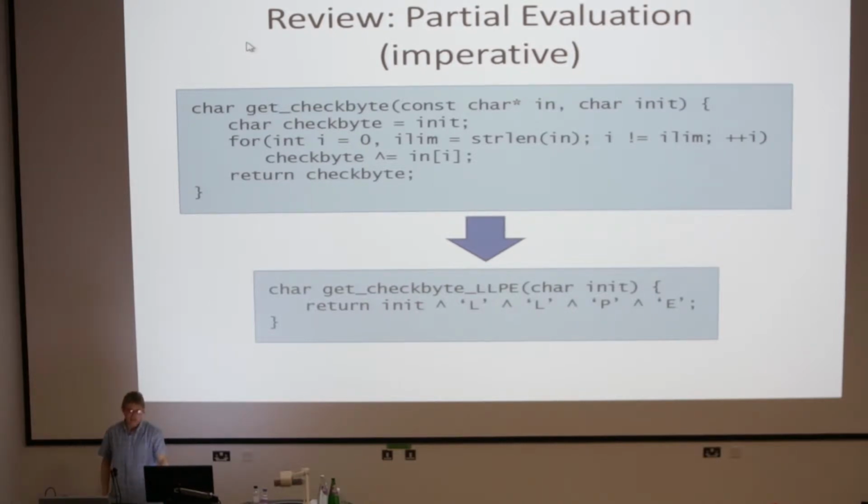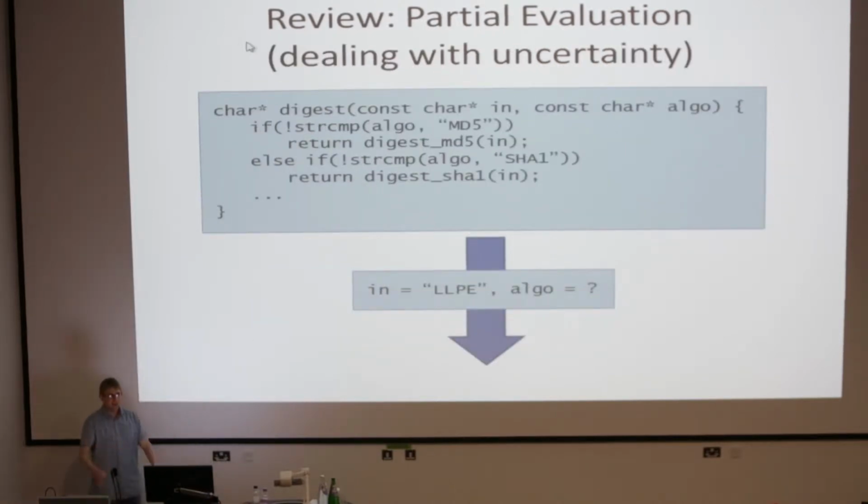Here we don't know what the initial value is that we're folding into the checksum, but we do know what the string is, and unspooling this loop and turning that into much simplified, much shrunk code which has the same meaning, assuming that the parameter was supplied as expected. The tricky bit, of course, comes when there's things we don't know about how the program is going to run.